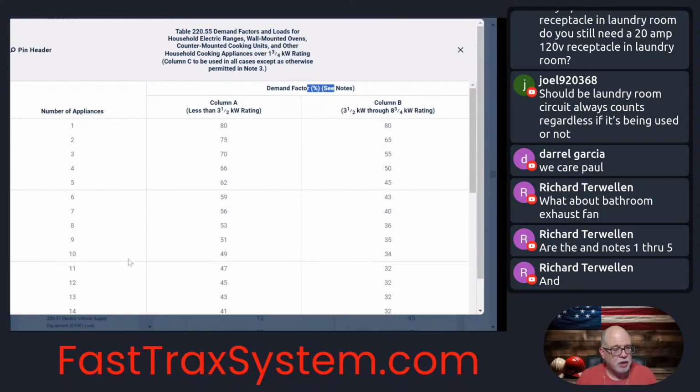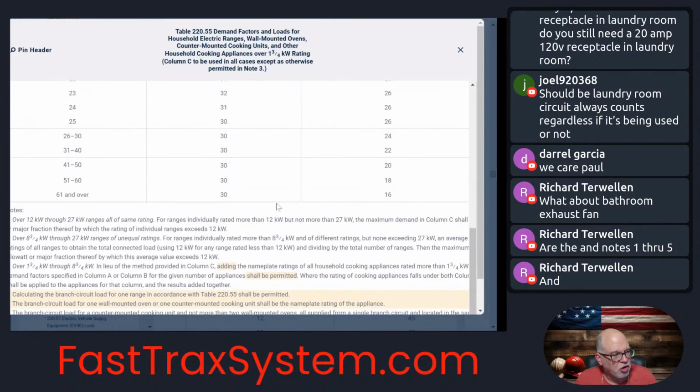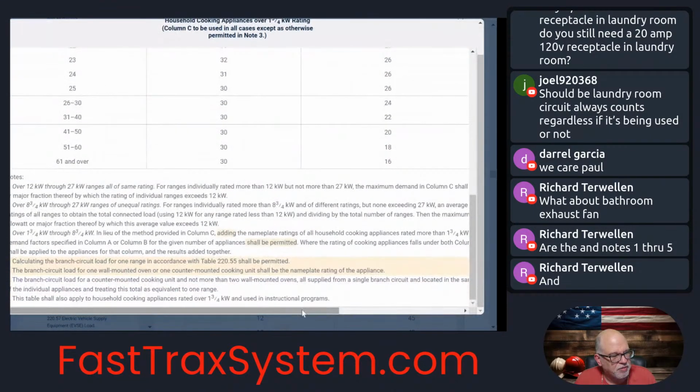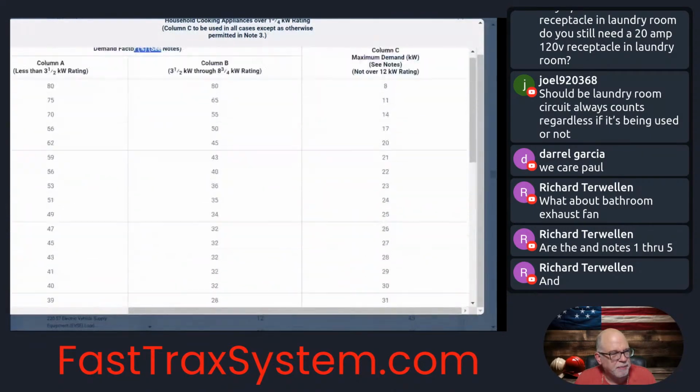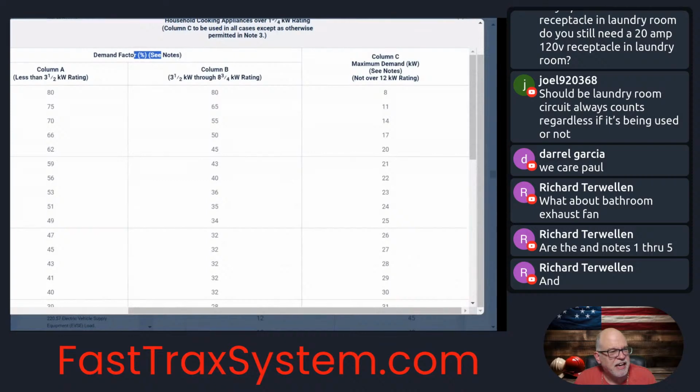Whereas column C, I'll show it real quick, just bring it back up. Column C is an actual demand value. So this is not a percentage column. This is actual demands, okay? And remember, it's for not over 12 kW, right? So if I have an 11 kW range, for example, then the value we'd use in my load calc is simply 8 kW.